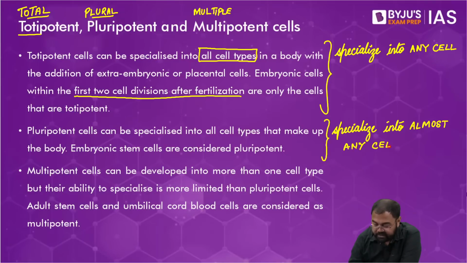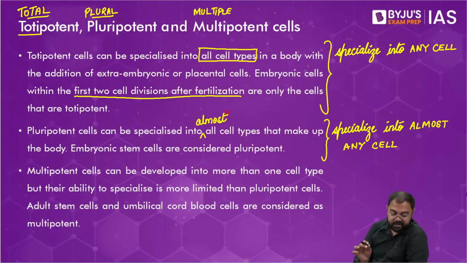They can specialize into almost any cell, but not all the cells. Especially the reproductive cells, they cannot specialize into reproductive cells. So pluripotent cells will be able to specialize into almost all the cell types. Now just remember that both of these are embryonic cells.